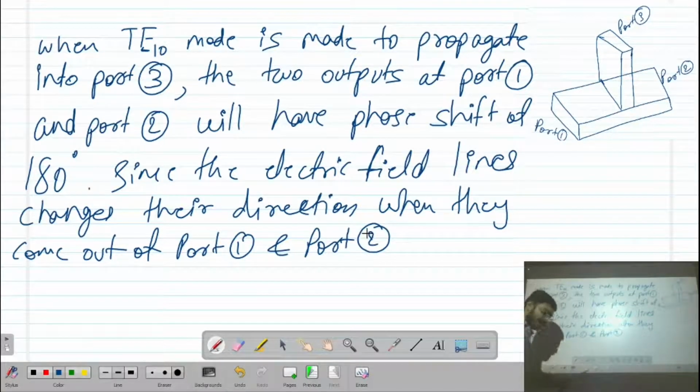And that is why it is called E-plane T junction. Now why is it having 180 degree phase shift?